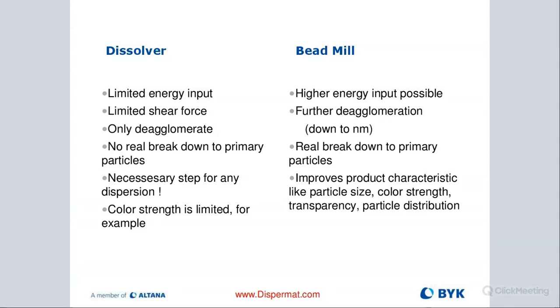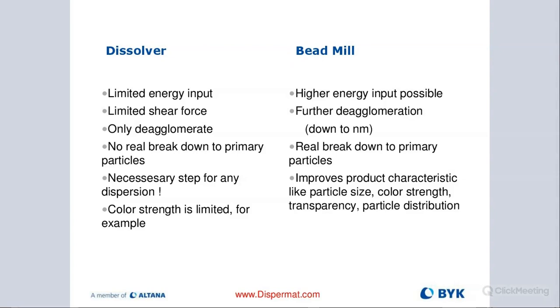With the bead mill, we can put in a lot more energy with our media, allowing us to deagglomerate further down to nano-sized particles and really break down the particles to the primary particle size, which gives us the critical product characteristics that we're looking for, which we already talked about before.